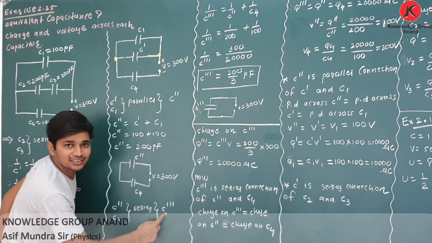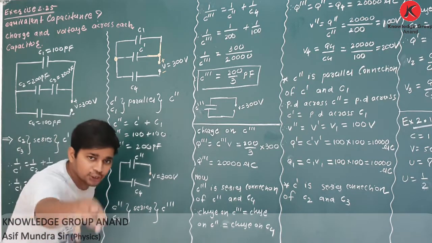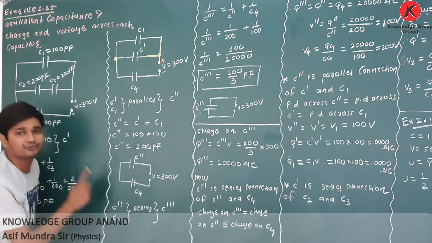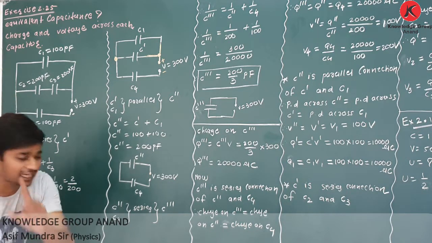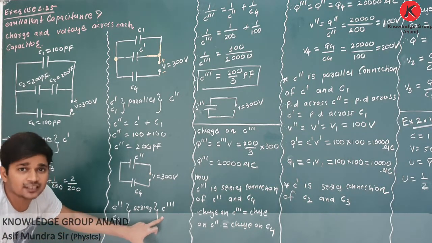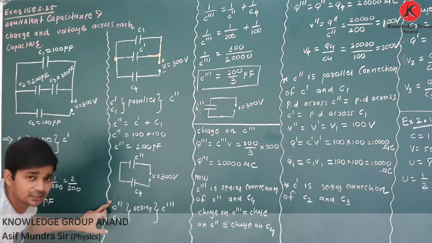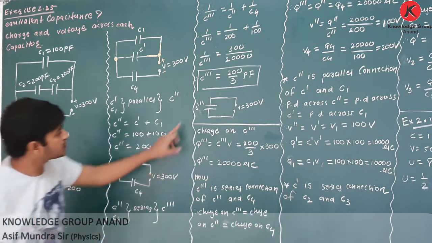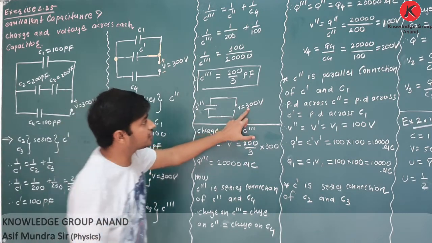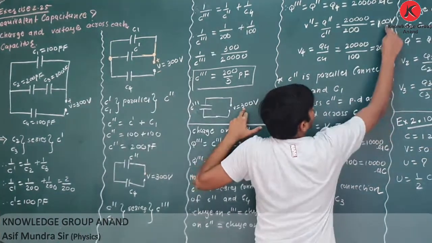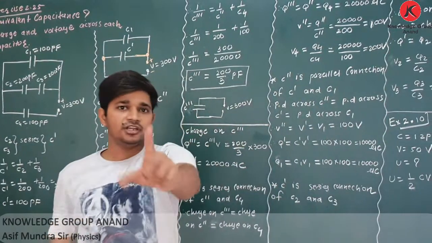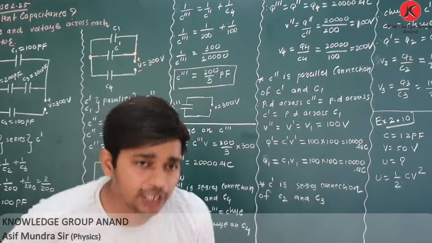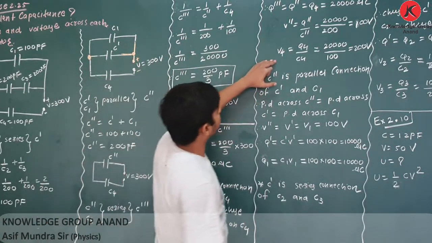Potential difference across C triple dash is equal to potential difference across C double dash plus potential difference across C4. Across C triple dash it is 300. Now if you add 100 plus 200, it will be 300. Means from this you can verify your answer. Clear? Okay. Now it is only for the fourth capacitor.